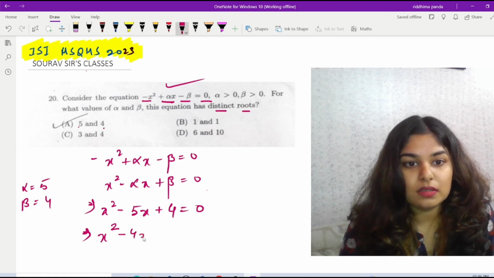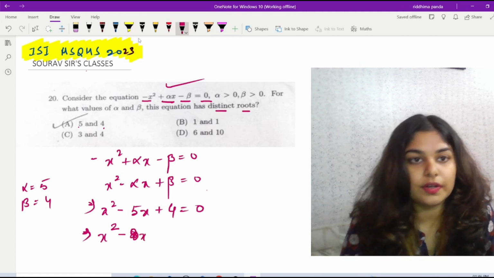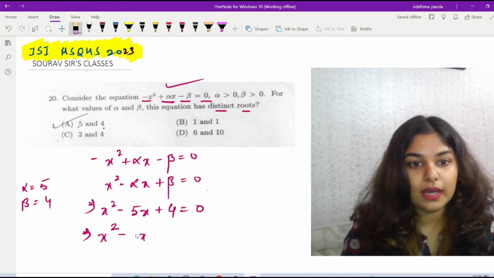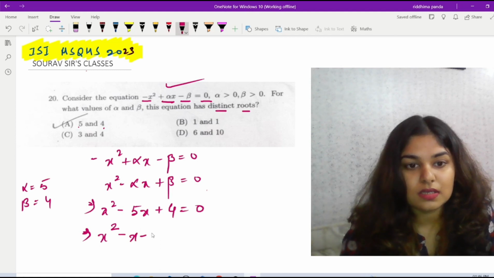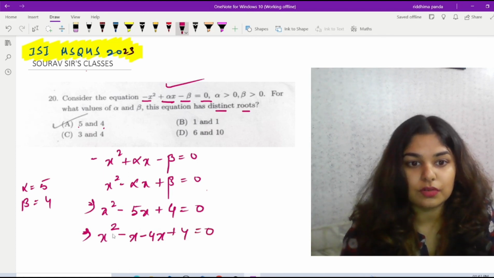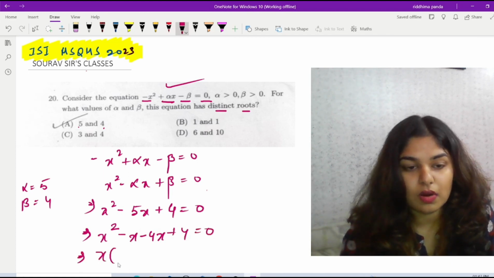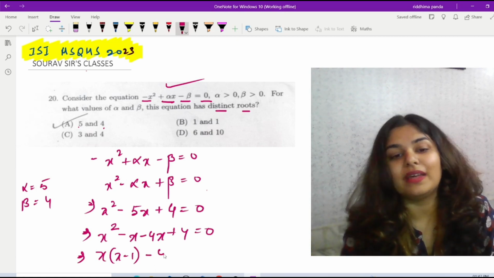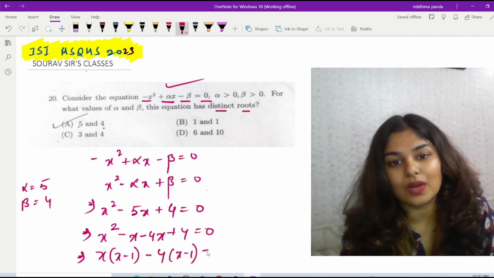So x square minus x minus 4x. This becomes minus 5x, and 4 ones are 4, so this is correct, plus 4 is equal to 0. If we take x common, we have x minus 1, and minus 4 common, again I have x minus 1 is equal to 0.